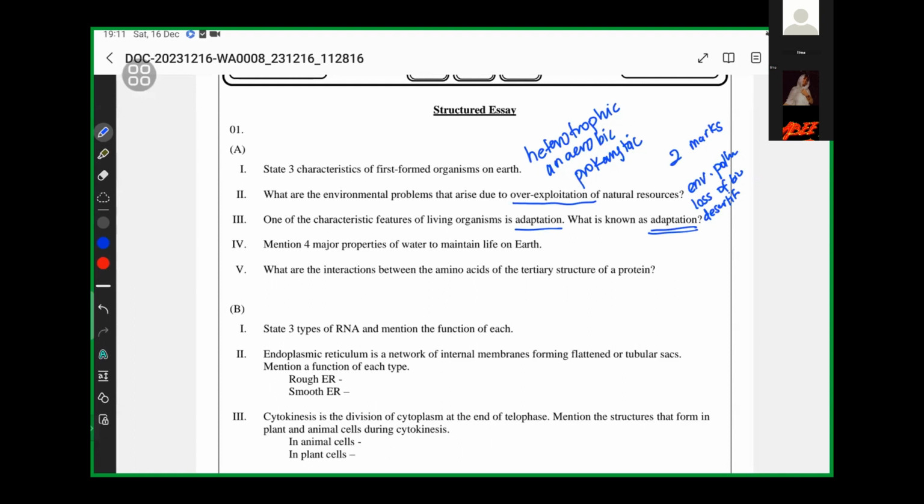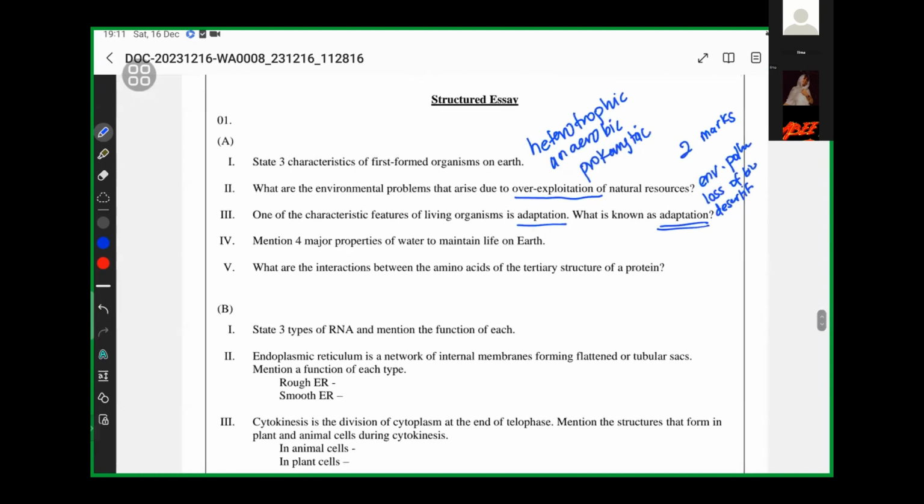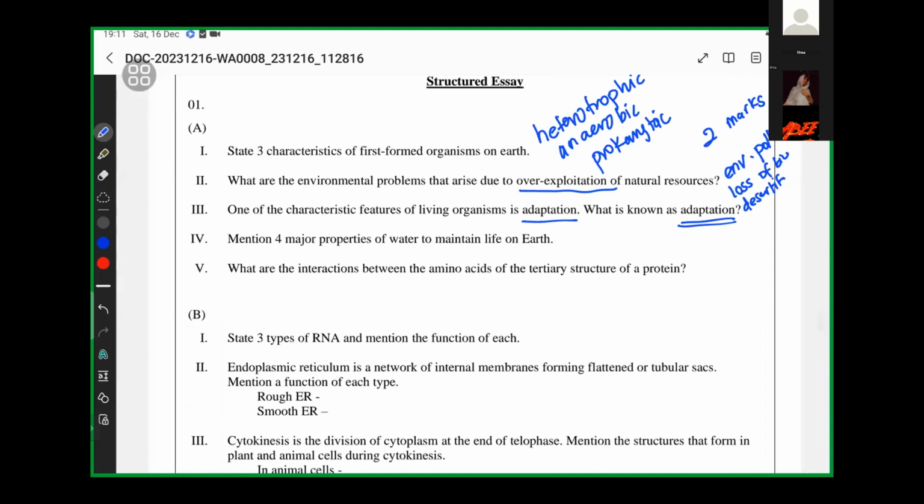The key words are structure, physiology, or behavior that promotes the likelihood of organisms' survival and reproduction. The survival and reproduction words are the key words. And the structure, physiology, and behavior, you need to mention all those 3 words in order to get the full marks. Okay, if you have any doubts, you can unmute yourself and let me know.